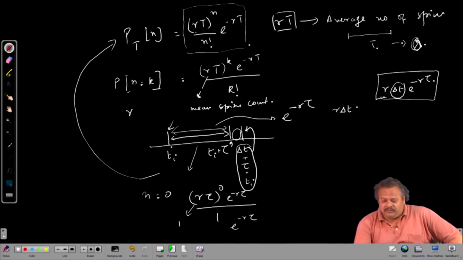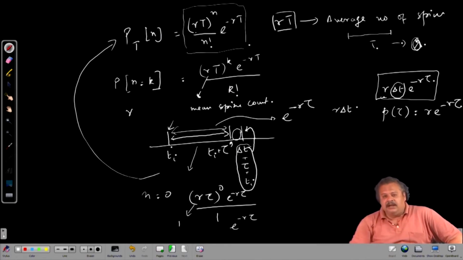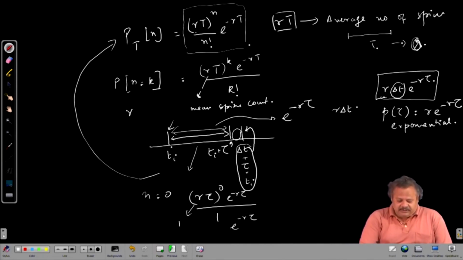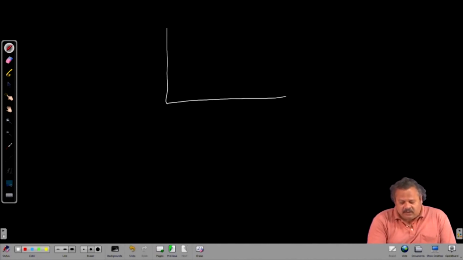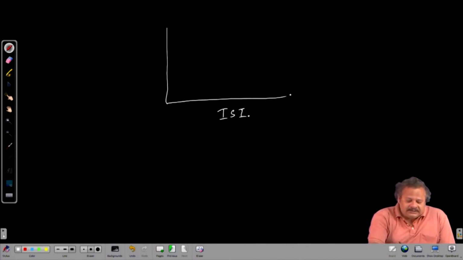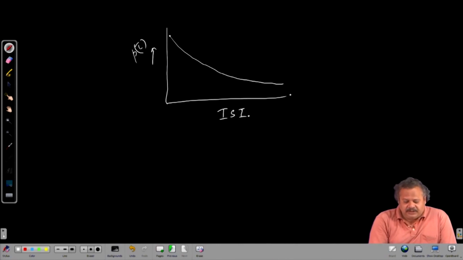Then the density of a tau interspike interval turns out to be r e to the power minus r tau, and that is an exponential distribution. So we also see that interspike intervals generally follow an exponential distribution in nature, and so if we plot p of tau, the density, it should go down exponentially like this.